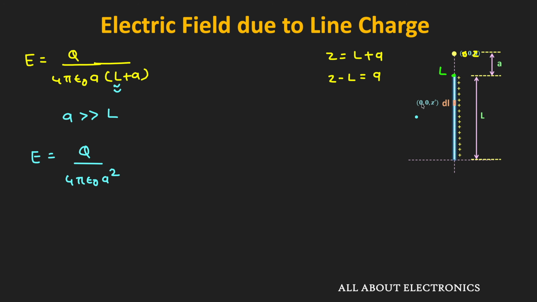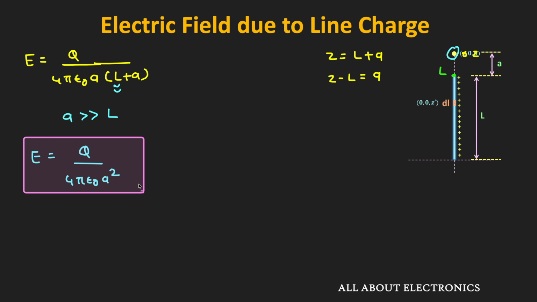That means whenever our observation point is much farther away from the line charge, or whenever A is much greater than L, then once again in that case the expression of the electric field intensity that we are getting is similar to the point charge expression. That means whenever our observation point is much farther from the continuous charge distribution, then in that case our line charge source can be considered as the point charge. And in that case the expression of the electric field intensity is the same as the point charge expression.